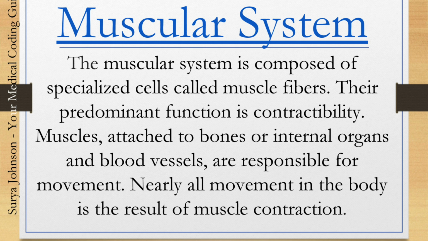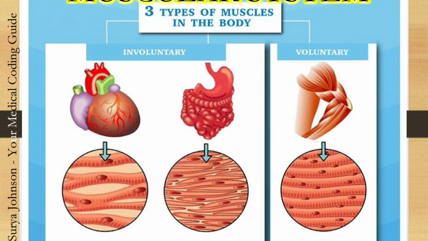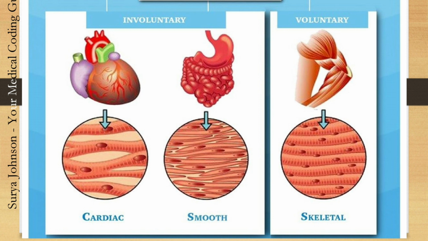Nearly all the movement in the body is a result of muscle contraction. There are three types of muscles in the body: cardiac muscle, smooth muscle, and skeletal muscle. Both the cardiac and the smooth muscle are involuntary muscles. That means they can work on their own without a command from the brain. The skeletal muscle is a voluntary muscle. It receives a command from the brain and then it works.